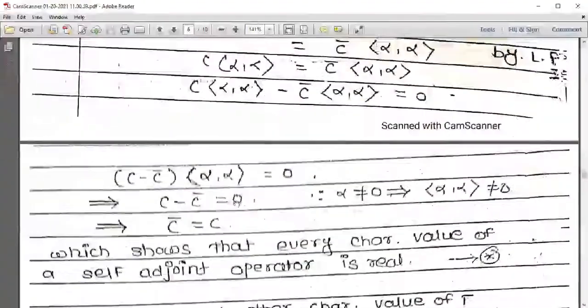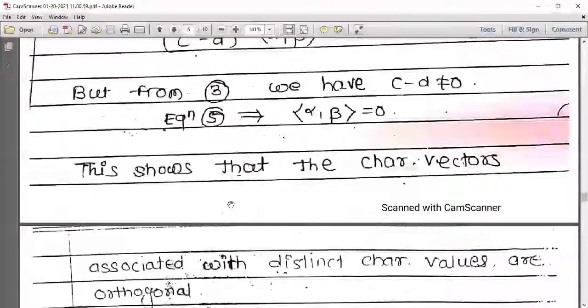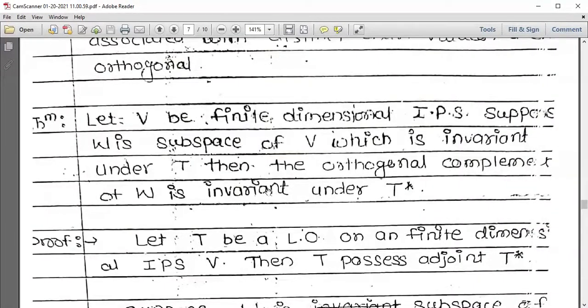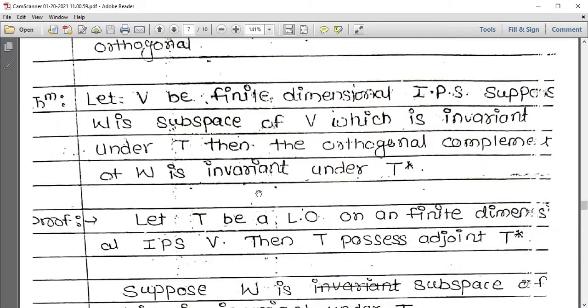So the next point is that one more theorem is there. What does the theorem say? Let V be a finite dimensional inner product space. Suppose W is a subspace of V which is invariant under T. Then the orthogonal complement of W is invariant under T star.